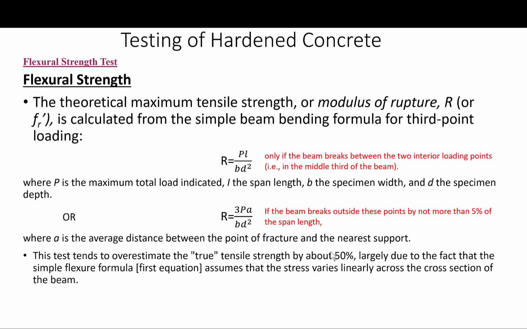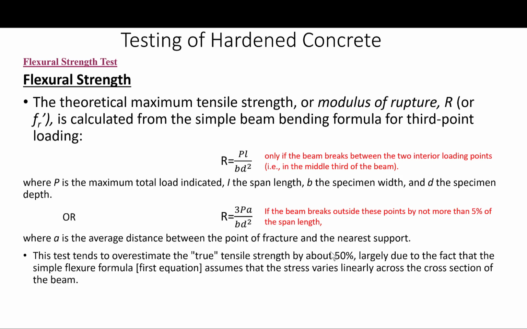Also, what I have to say about the test results for the tensile strength of concrete, as in the case of the compression test, is that the test parameters can greatly affect the observed strength. In particular, the size of the sample effect and the other factors we talked about.